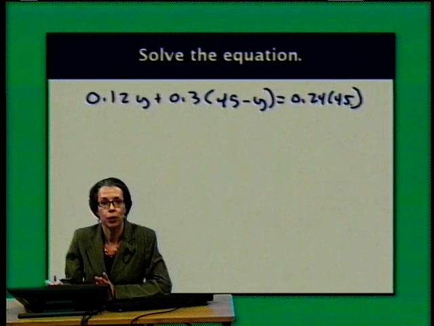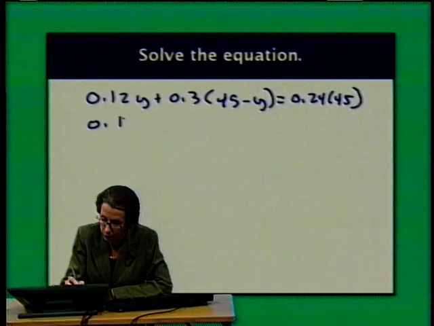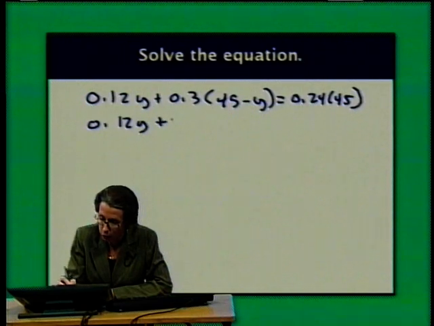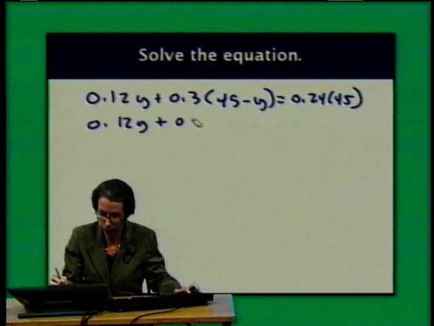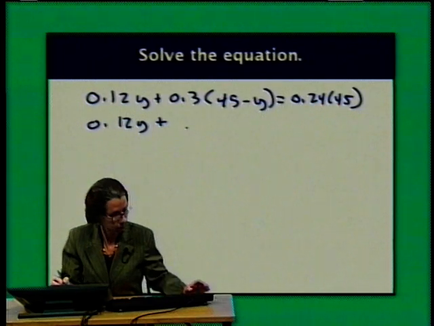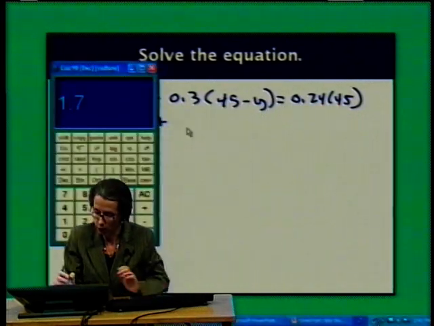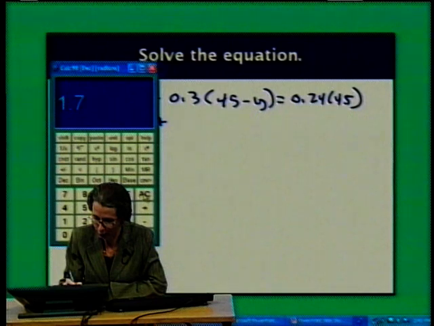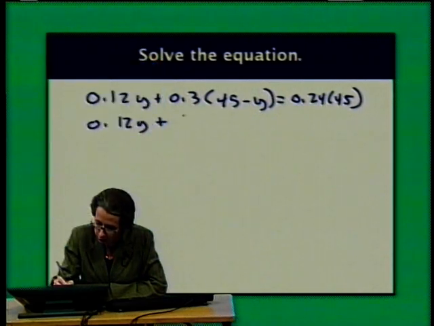So first thing I'm going to do is combine like terms on the left-hand side of my equation. And I'll need to distribute first. So since I have a few computations here, I'll pull out my calculator. I need to calculate 30% of 45. That is 13.5.